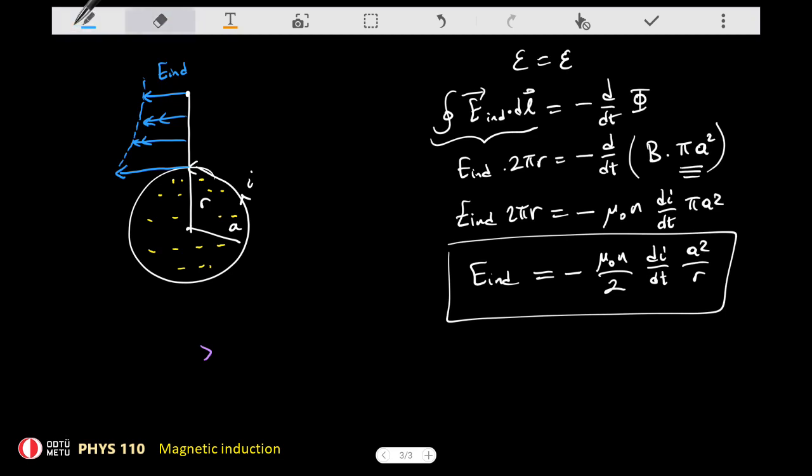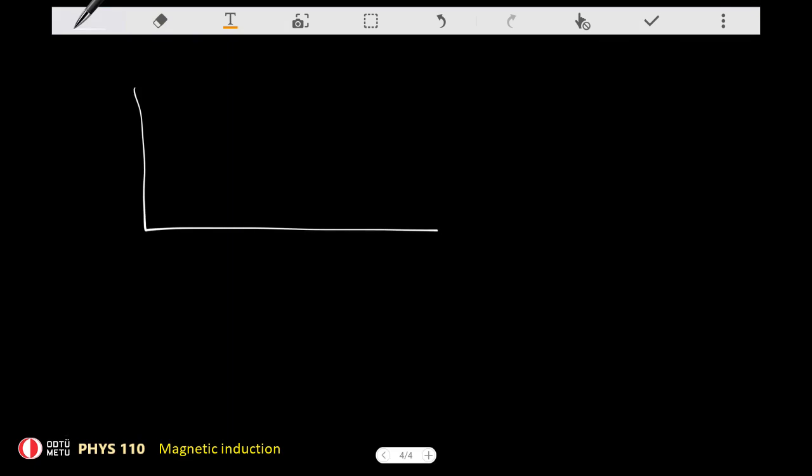Or if you want, we can also draw this as a curve of induced electric field as a function of r. So there's this special radius value in here. It's the radius of the solenoid.